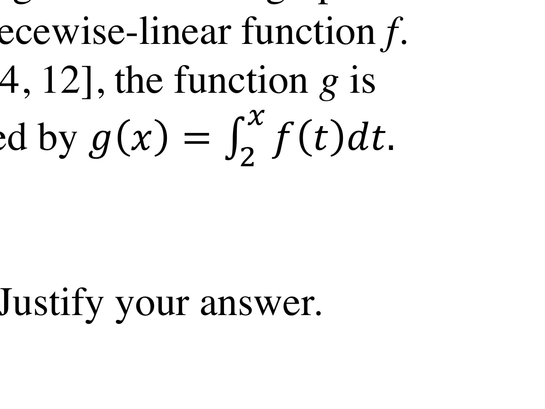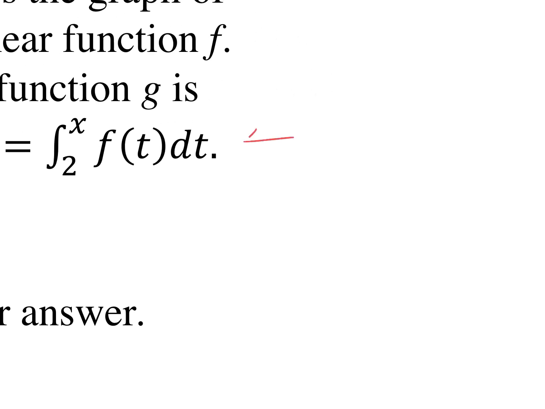All right, the description is start counting out area starting where? At 2. Okay, area starts at 2. So that is important for you. Area starts at x is 2. That's important.